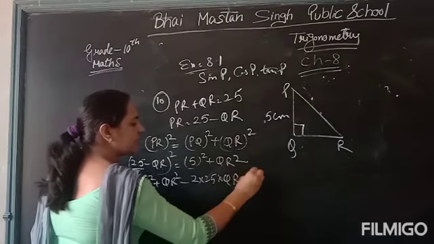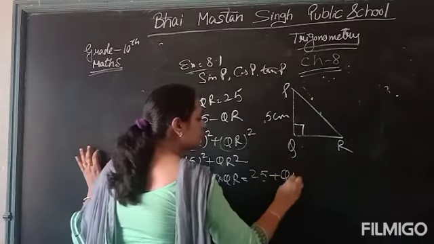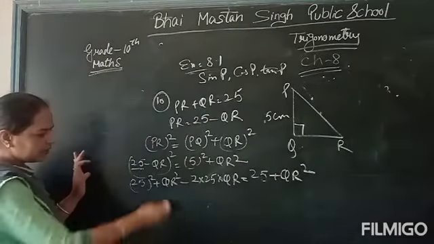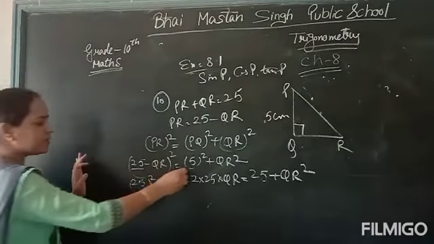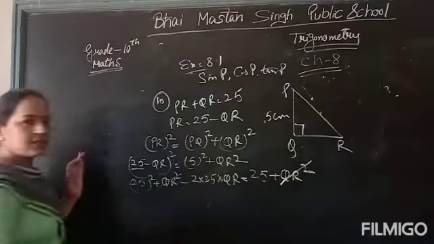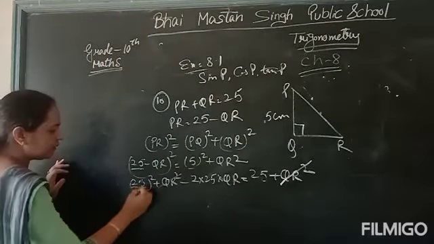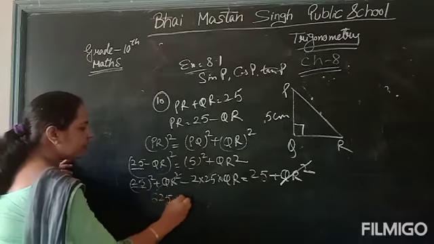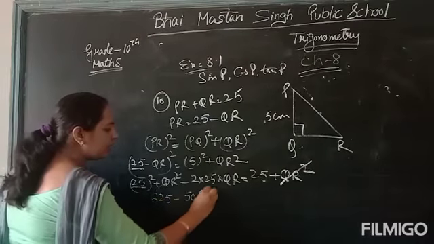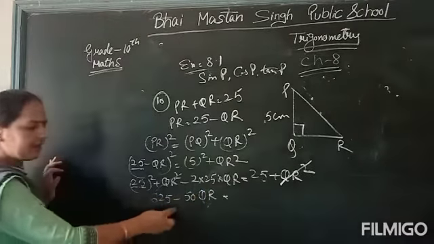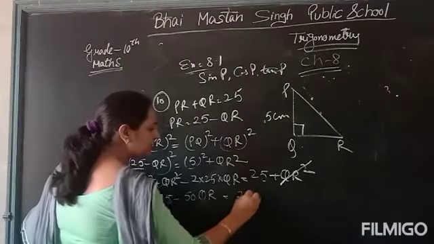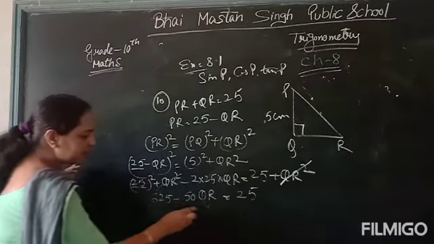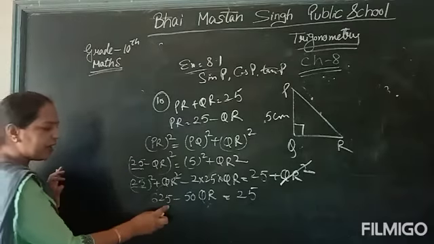Now 5 square is 25, and this QR square. This QR goes on this side, becomes negative, so they will be cancelled. Now 25 square is 625 minus 50 QR; 2 into 25 is 50. Now here is 25. When 25 comes on this side, it becomes negative.